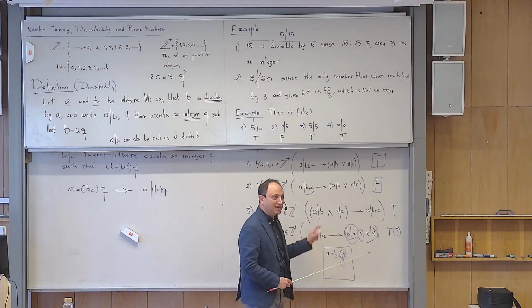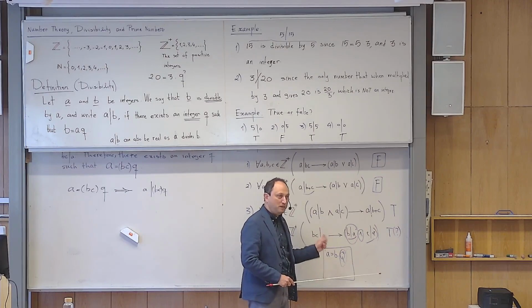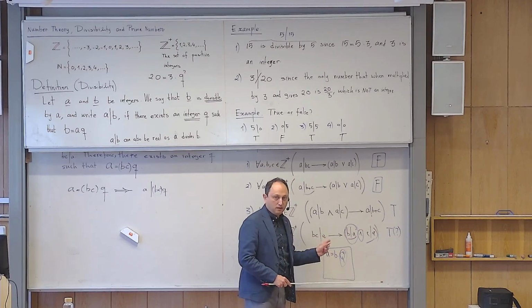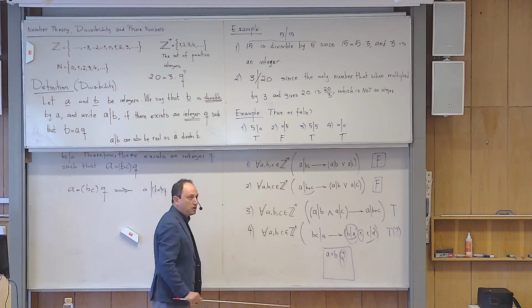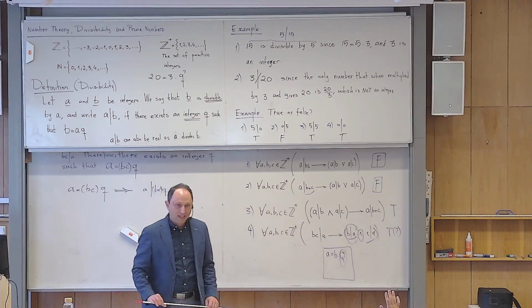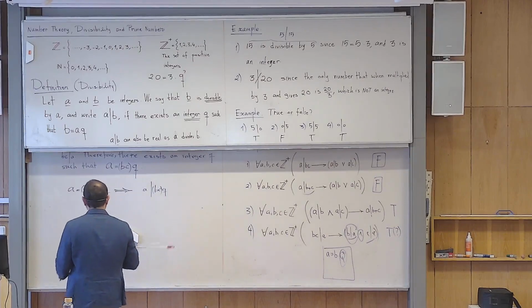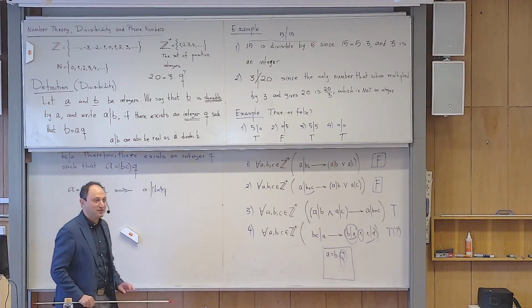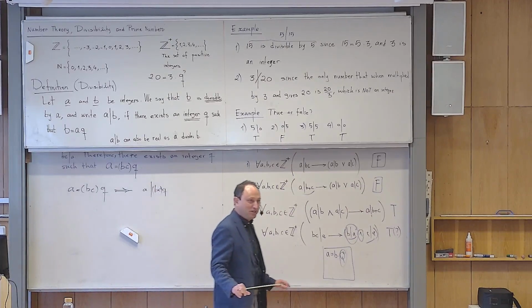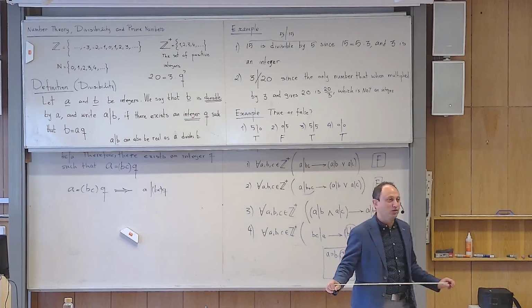You want to say that A is divisible by B. Yes? There is no C involved here. There is no Q involved here. Of course, it would be very easy to just drop this Q and C, but unfortunately this is illegal. We cannot just drop what we don't like.